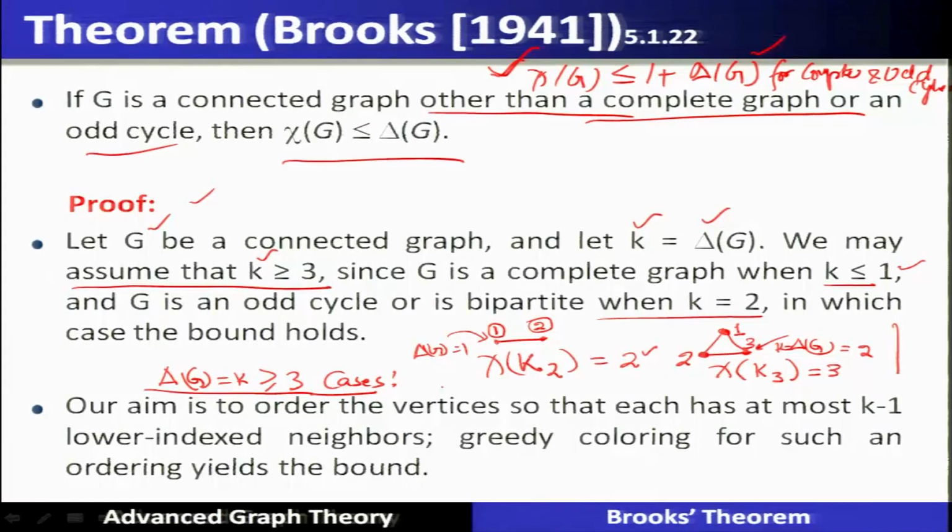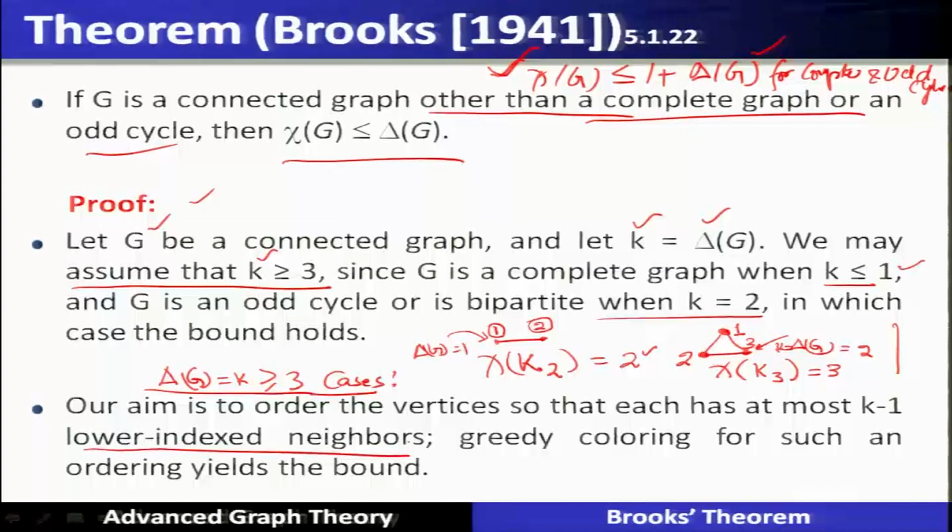Now here our aim is to order the vertices so that each has at most k minus 1 lower index neighbors, and then apply the greedy coloring algorithm, which will yield the bound for our discussion.